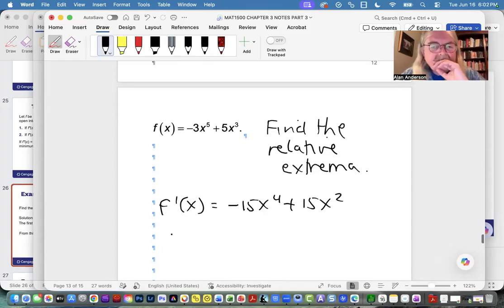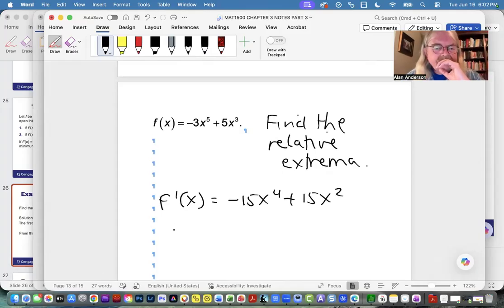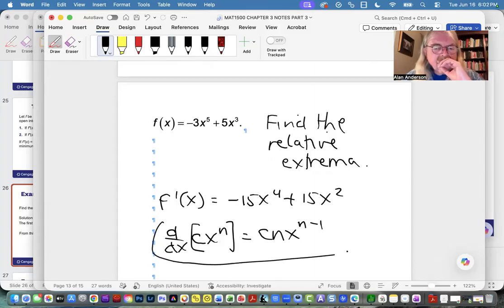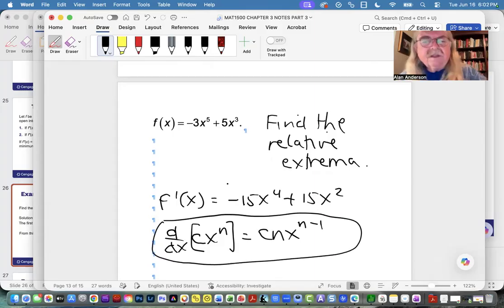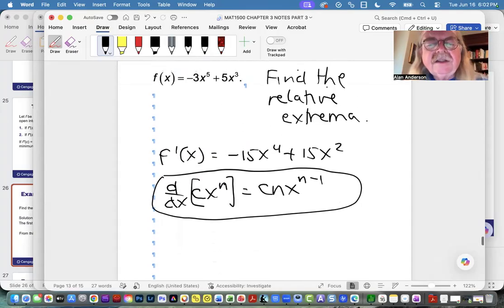So remember how that works. That's where these are coming from. And then the second derivative, based on the same rule.